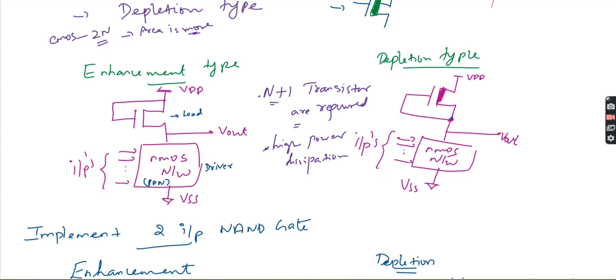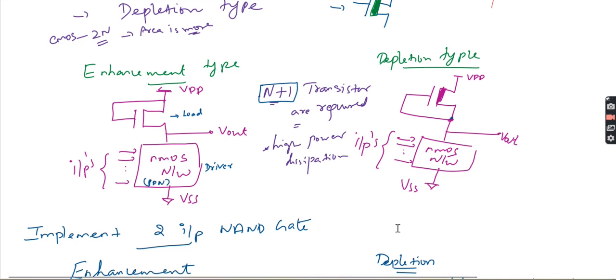How many transistors are required here? When I go for enhancement type or depletion type, the total number of transistors required is n plus 1. But it has higher power dissipation. Why high power dissipation? Even if you are not applying the input, the load transistor is always on.